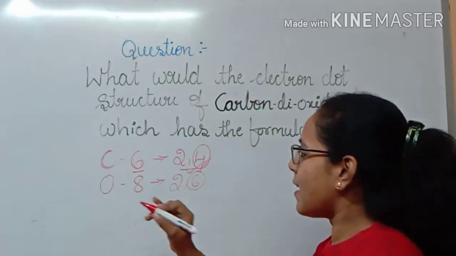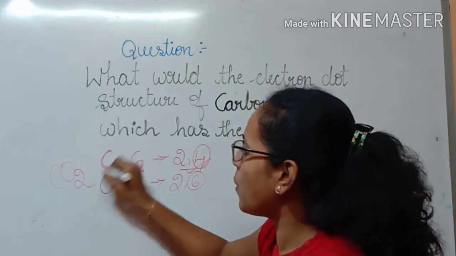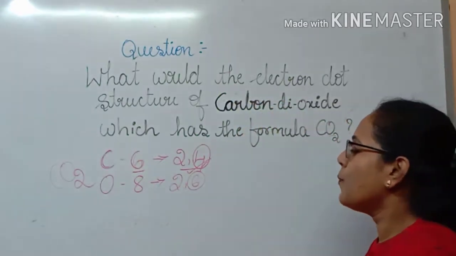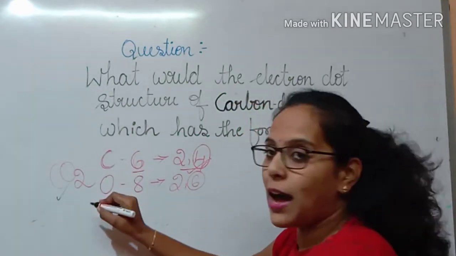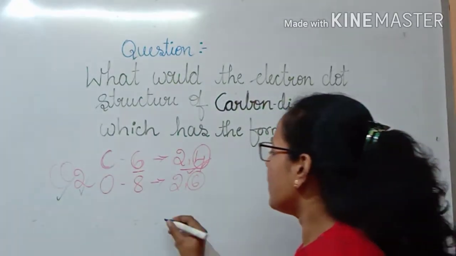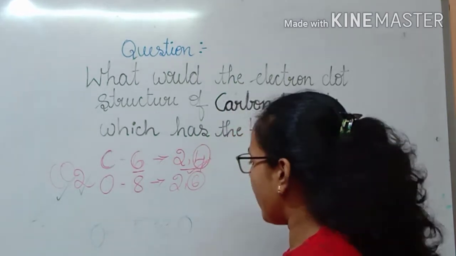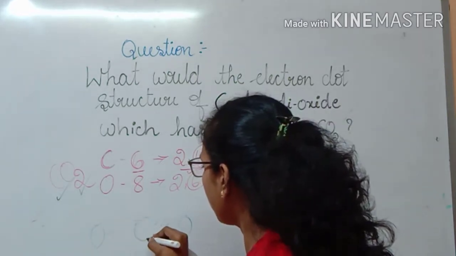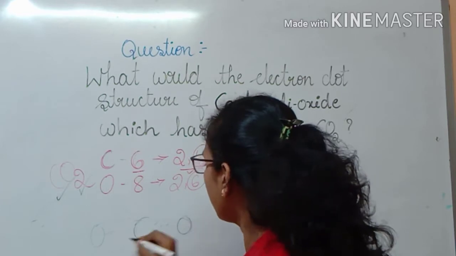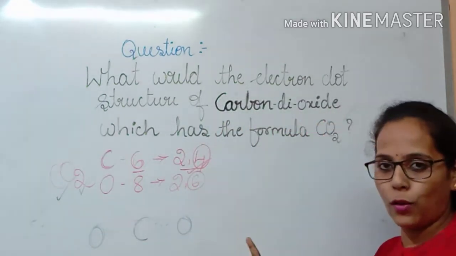We have the formula CO2, that is carbon dioxide. So there is one atom of carbon and 2 atoms of oxygen. Let us write in this manner. So it is 1 atom of carbon as well as 2 atoms of oxygen that I have written.